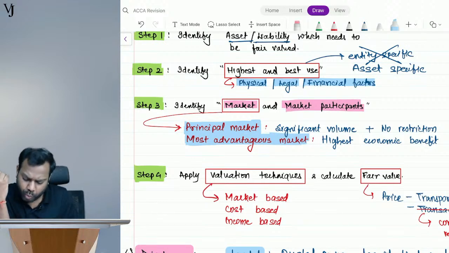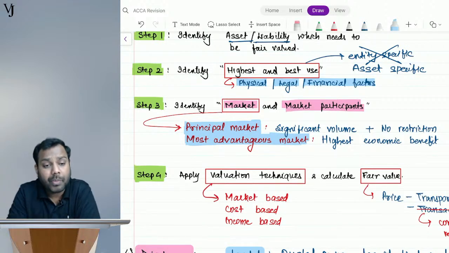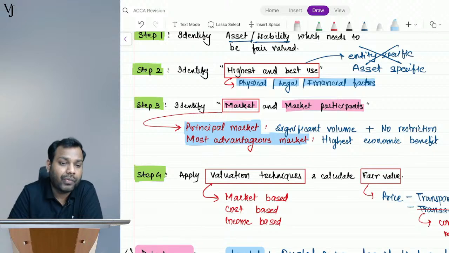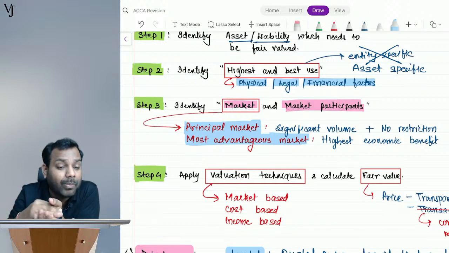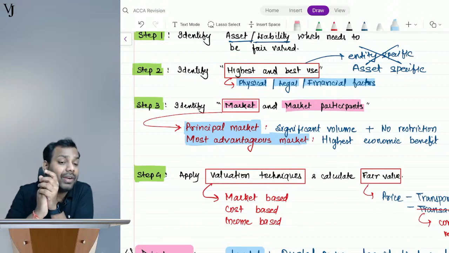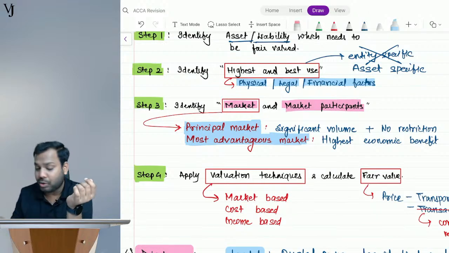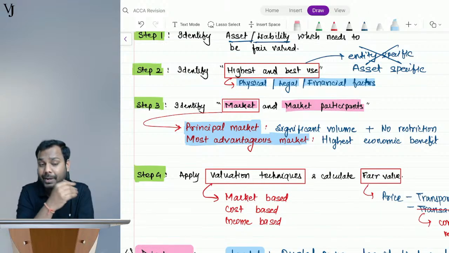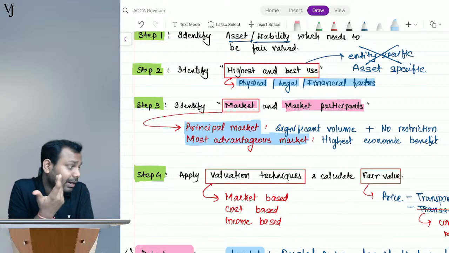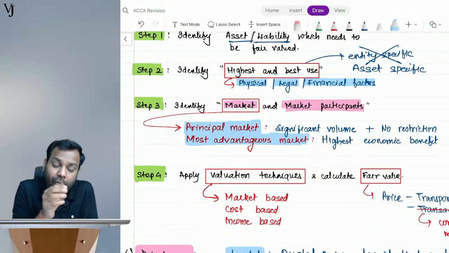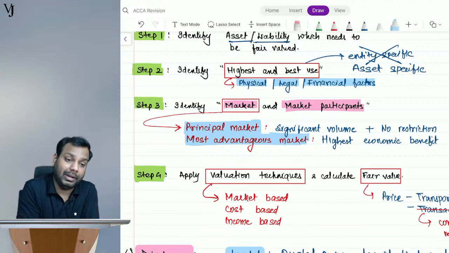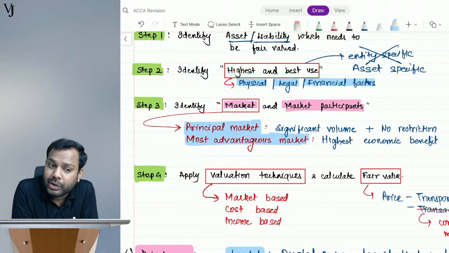Now, what is the meaning of most advantageous market? Sufficient volume for the entity or for the business? Neither for the entity nor for the business, but significant volume of the asset. Let's suppose I want to sell software. Where are softwares sold significantly?